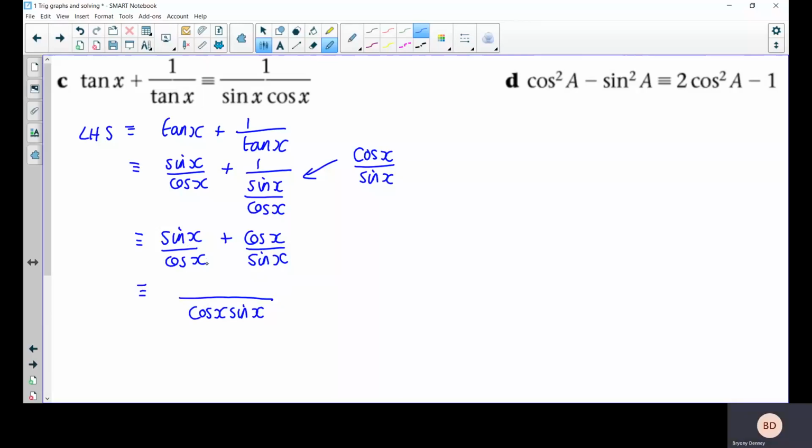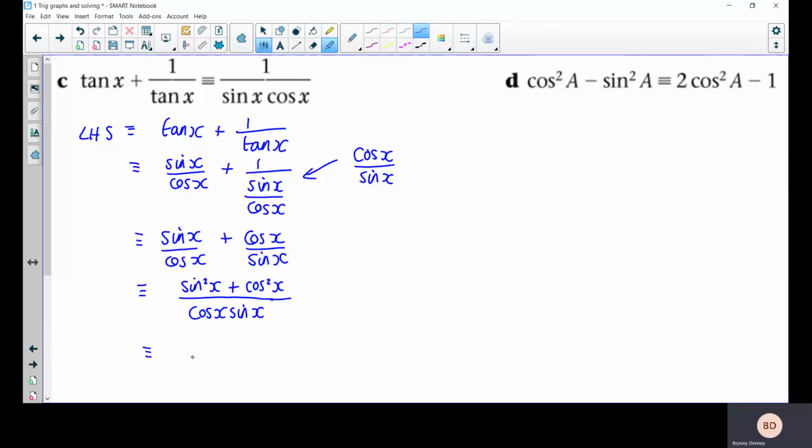Now the first fraction, the denominator has been multiplied by sine x, so I'll have to do the same with the numerator. So multiplying by sine x will give me sine squared x. And the second fraction, the denominator has been multiplied by cos x, so I'll have to do the same to the numerator and multiply by cos x, so it'll become cos squared x.